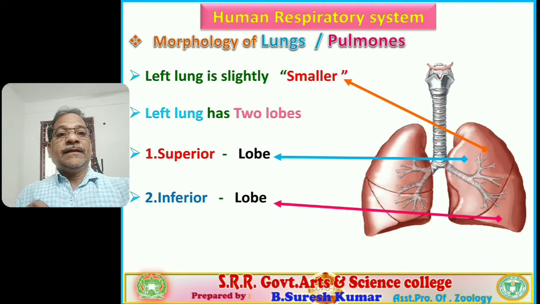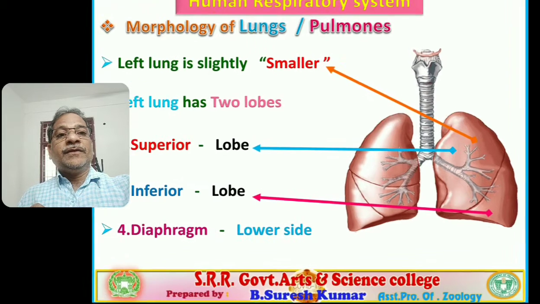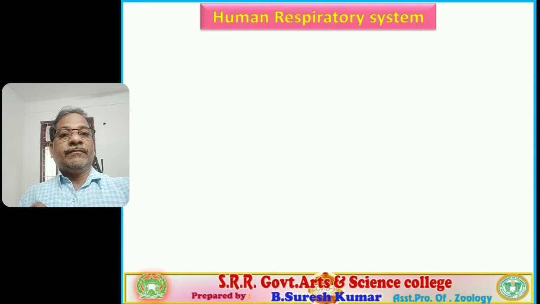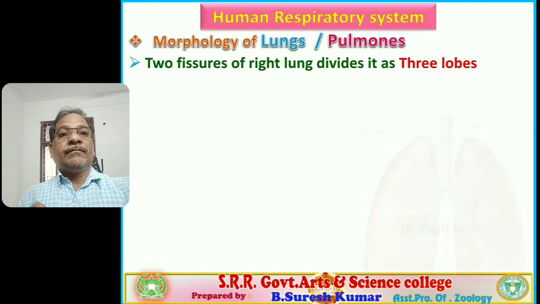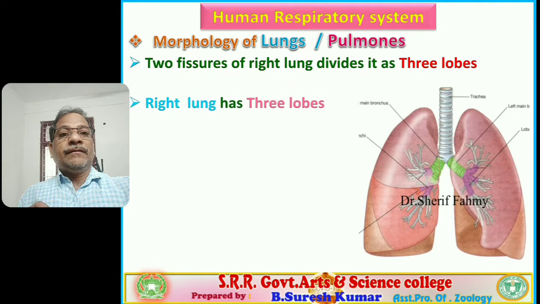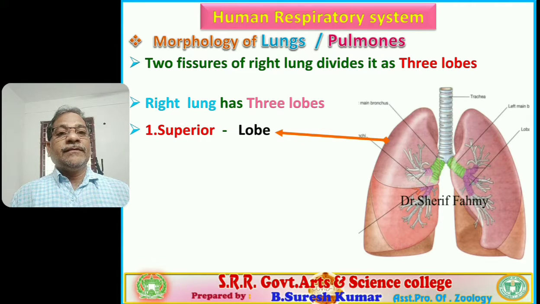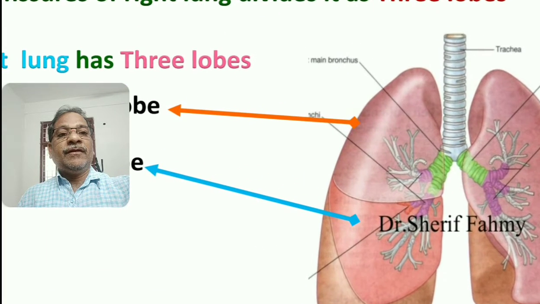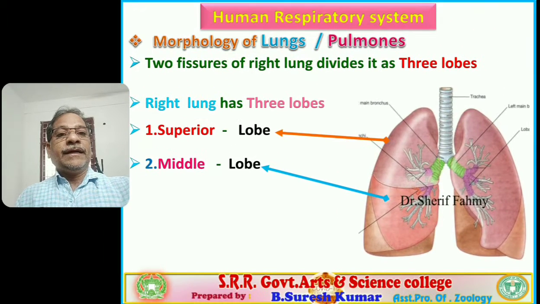Right. Next, the lobes of the right lung. You observe the superior lobe, and the second lobe is the middle lobe. You observe, this is the middle lobe, and the third one is the inferior lobe.